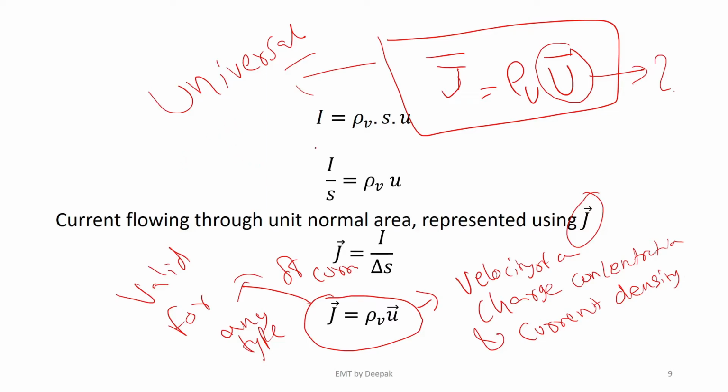Now, in fact, the displacement current density might need some changes to it, because the charge concentration may also change with time. We'll look at that in later modules, but right now, for our discussion, this is universal.